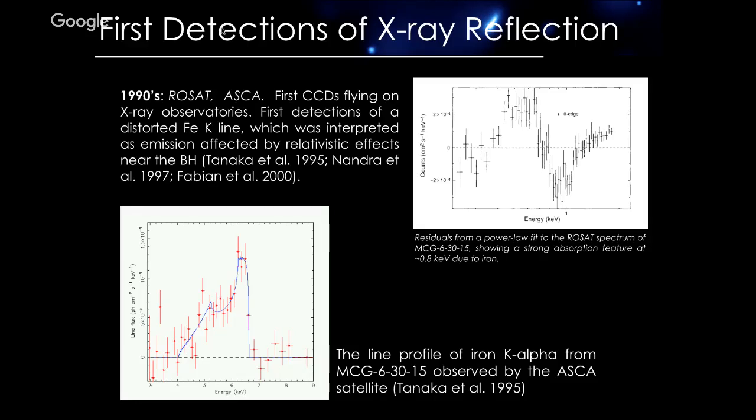They figured out, well, this is coming from the center of galaxies, and we believe there might be a supermassive black hole in the center. Then if this emission is produced close enough to the black hole, there might be effects that change the way the line looks.